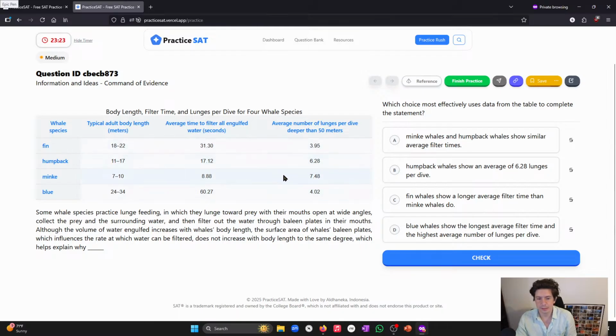No, that's not it. That could be it. And then let's look at D. Blue whales show the longest average filter time and the highest average number of long dives. No, I think it should be C, because that shows how the longer you are, the longer your time will be.